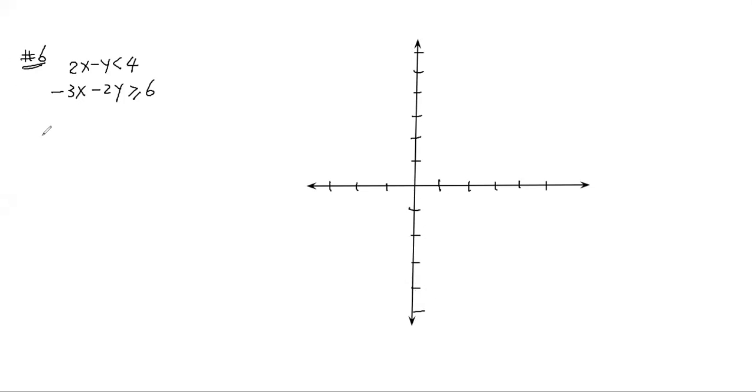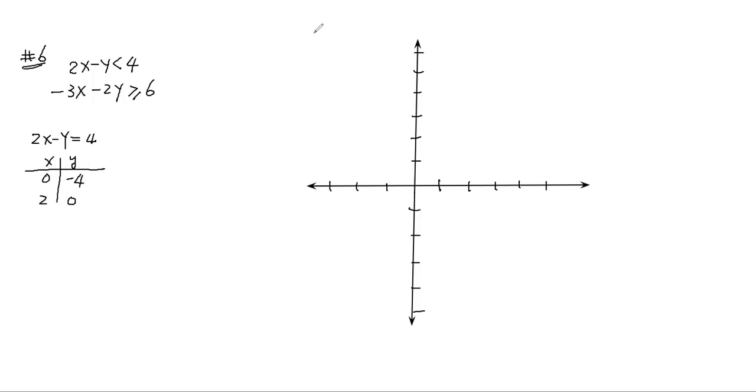Okay, so let's do the first one, 2x minus y less than 4. Just like we did before, let's set it equal to 4 first. Then we choose points. So x equal to 0, y equal to -4. Y equal to 0, x equal to 2.